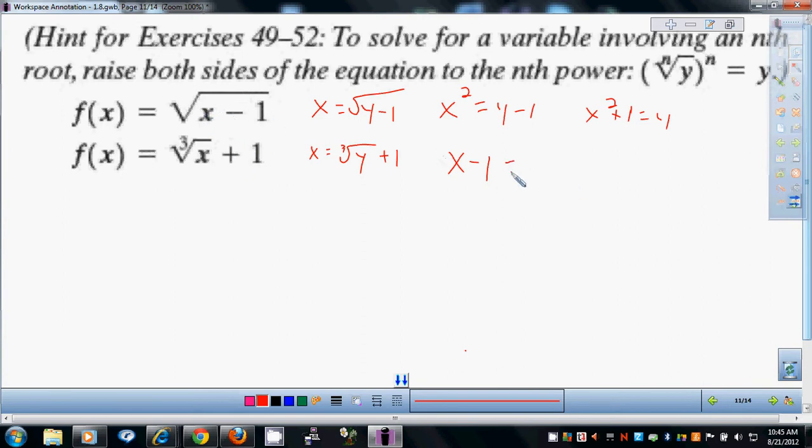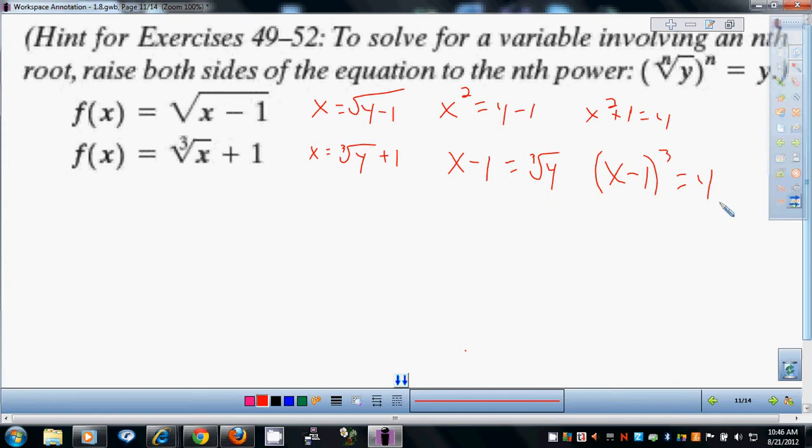Here it didn't. So, now what do I do? Now you cube it. And make sure you cube everything, not just the x. You have to cube everything on that side. And you don't have to bother expanding that. All we were looking to do was solve for y. Isn't that right, Pierce? Yeah, that is right. And you're done. Questions on those?